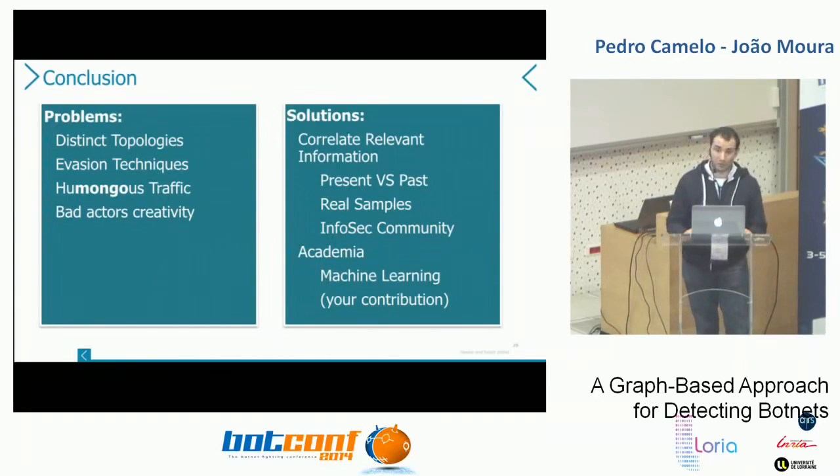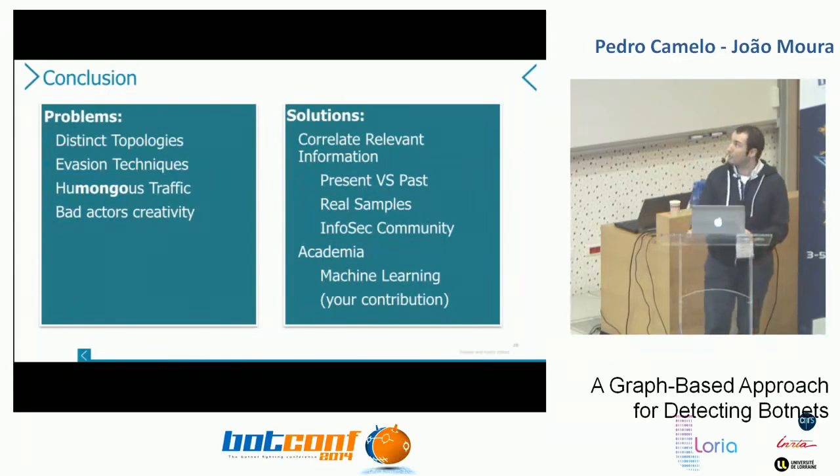We have some solutions: present versus past, real samples, the InfoSec community. This all is useful to correlate relevant information. In academia, we have machine learning, other fields, and other kinds of work that may be useful for this work.